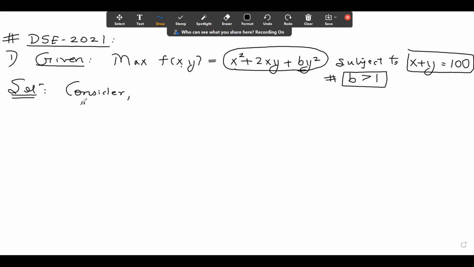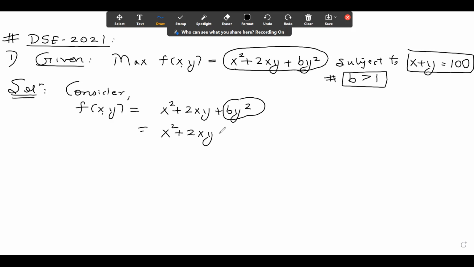Consider f of x, y equals x square plus 2xy plus b y square. This is given to us. Now I can use the identity x square plus y square plus 2xy is x plus y whole square. So see what I am doing. This b y square I can write as b y square plus y square, and since I am adding y square, I need to subtract y square.